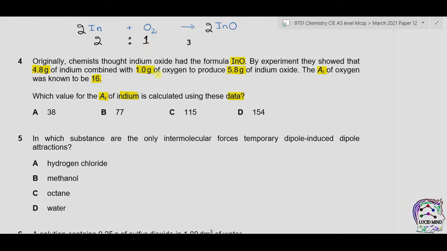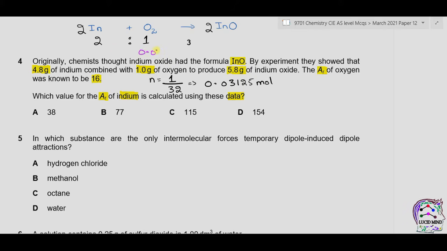The mass of oxygen is given, it is 1 gram, so we can find the number of moles as moles is equal to mass in grams divided by molecular mass. Oxygen is O2, so its molecular mass is 32. The number of moles of oxygen comes equal to 0.03125 moles. Now we can find the number of moles of indium by using these moles of oxygen.